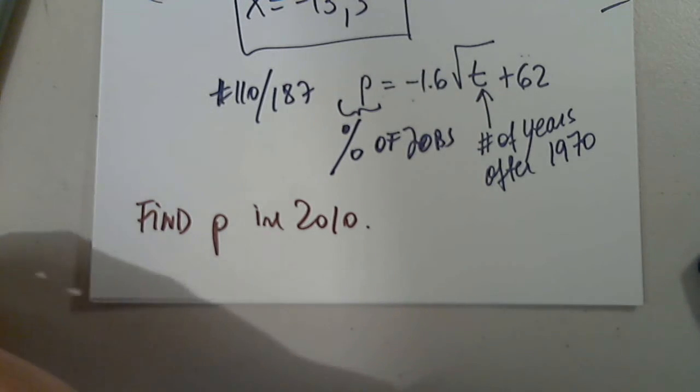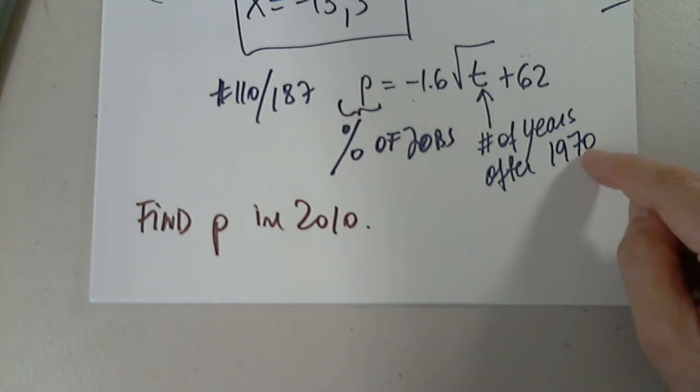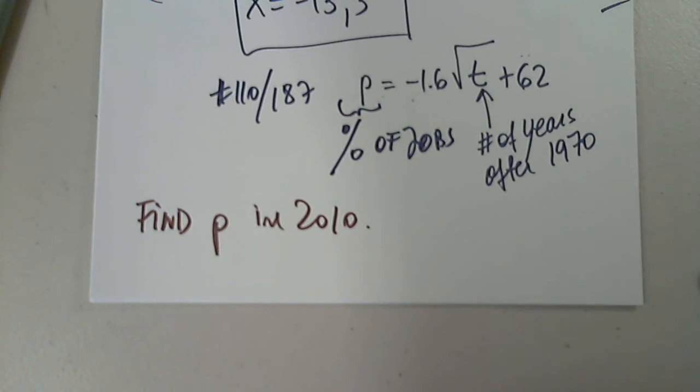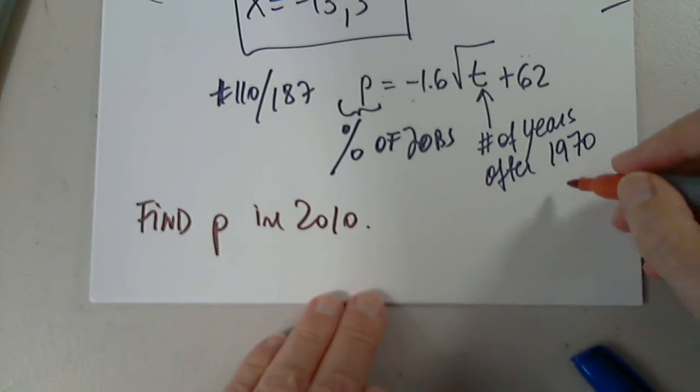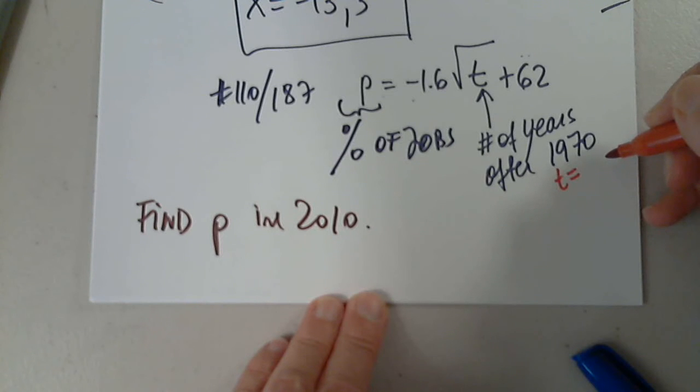So first we need to identify how much is T for 1970. Can anyone tell us how much is T for 1970?